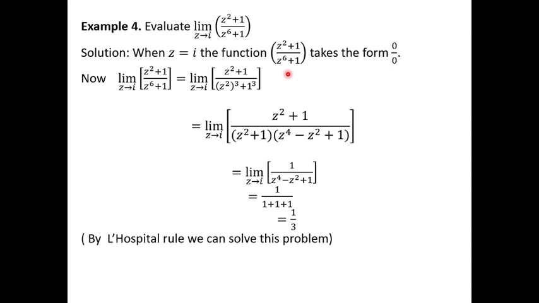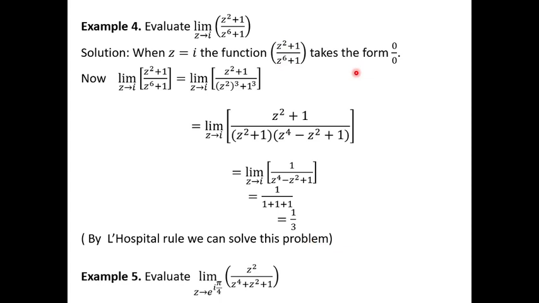That is minus 1 into minus 1, plus 1. Again we get the same limiting value. So this problem is solved by using two methods. One is the formula method, and one more method is the L'Hospital rule, which means differentiate numerator and denominator separately.